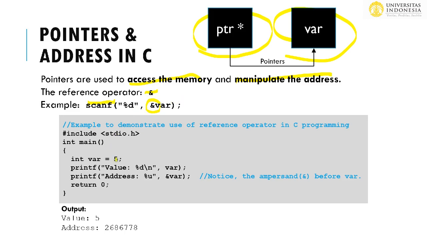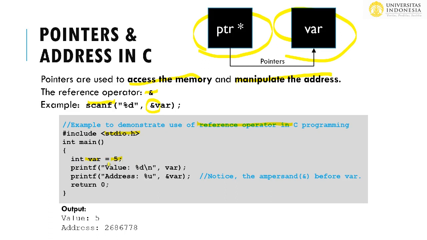Let's see an example of using a reference operator in C programming. Here, as usual, you have stdio.h as your library, and put some variable, for example var, with the value 5.